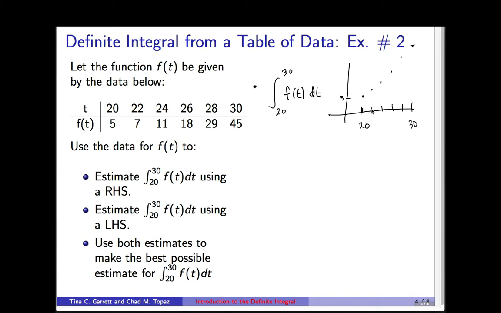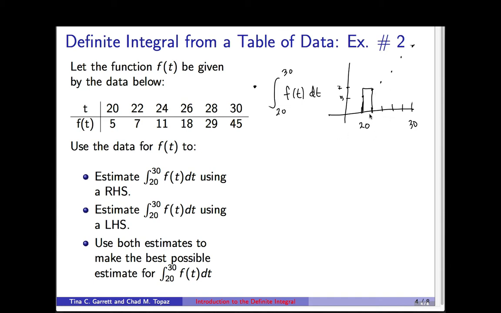That means for the time between t equals 20 and t equals 22, we want to go up on the right-hand side and make a rectangle. If you think about how tall that rectangle is, we went up to the dot there at 22. The f of t, the height was 7.